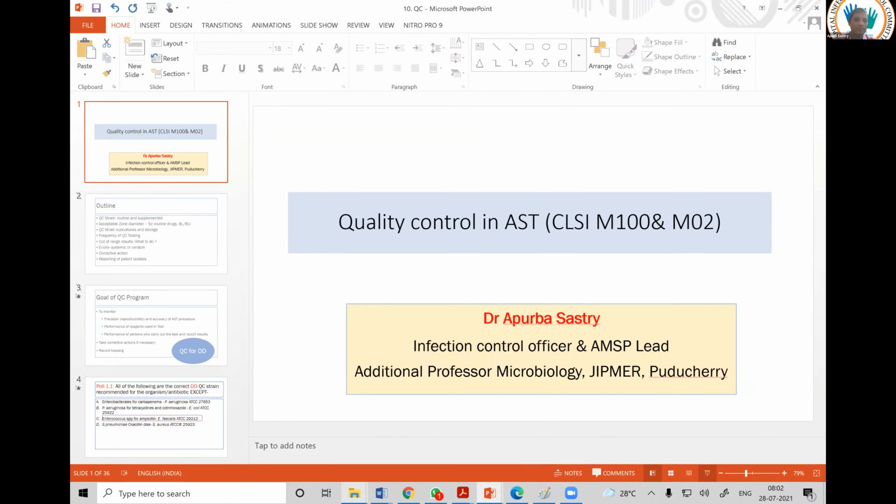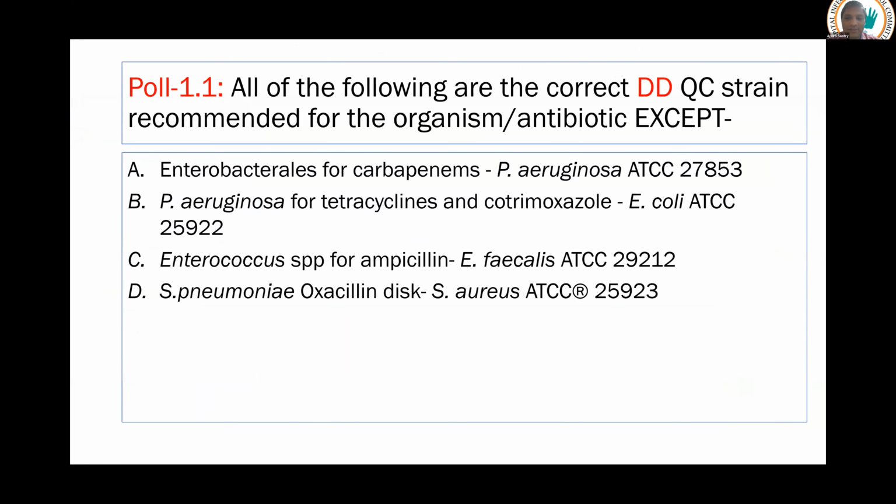Okay, so we will start with one question first. Can you turn on poll one, please? Yes, sir. Poll one has how many questions? Six questions. So we'll give 3 minutes so that the other participants can also join.